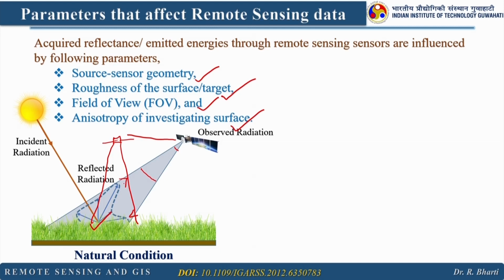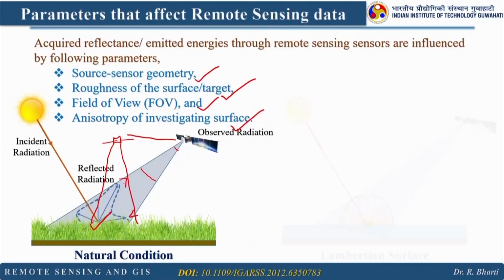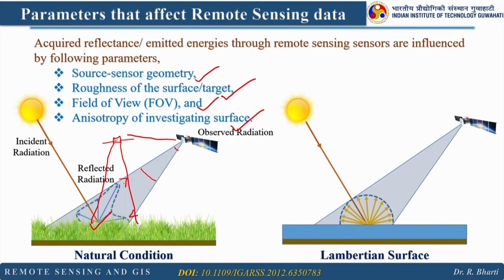If a surface is more reflecting, it will have a higher DN number. If a surface is dark, then it will have a lower DN number. In the Lambertian surface case, it doesn't matter whether you are looking from here or here or from here, the reflected energy will remain the same.